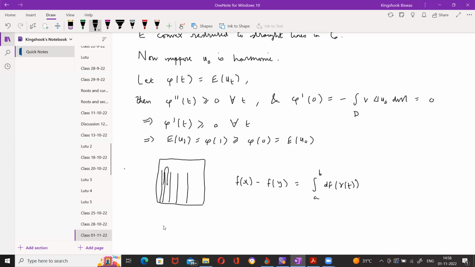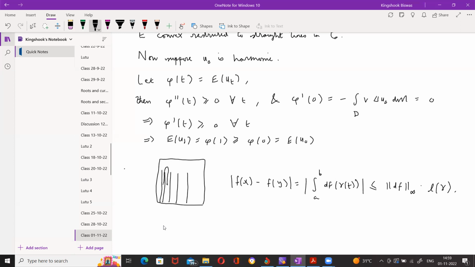So even though it's C1, this df is bounded. What is the bound you get? This is less than or equal to the L infinity norm of df times the length of gamma. But the problem is the length is going to infinity. So even if this is bounded, you can make this very large.